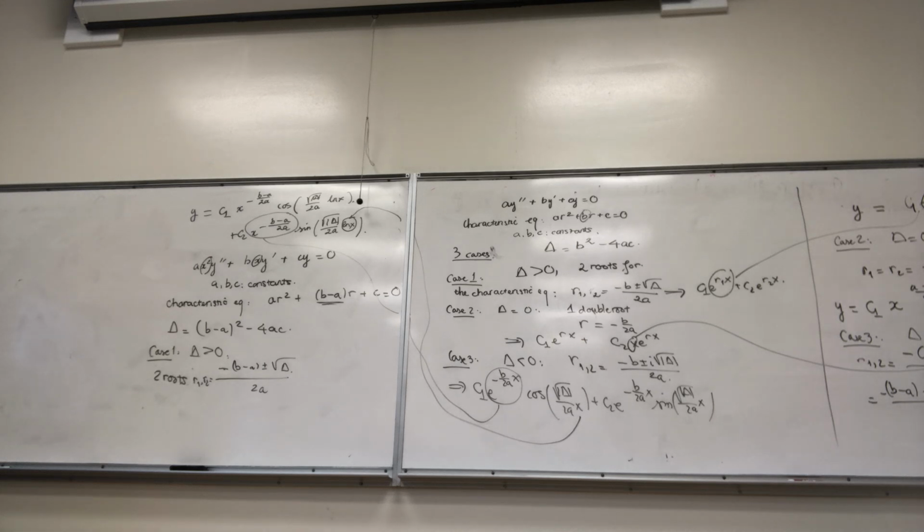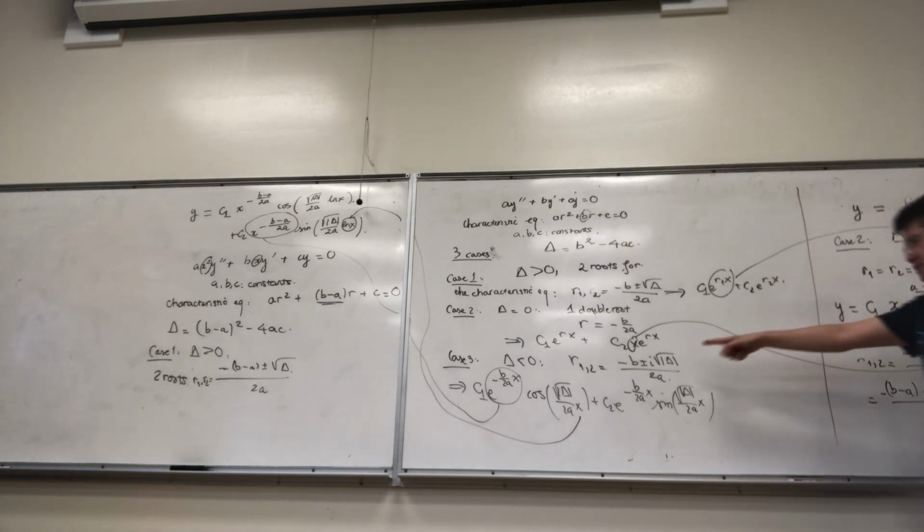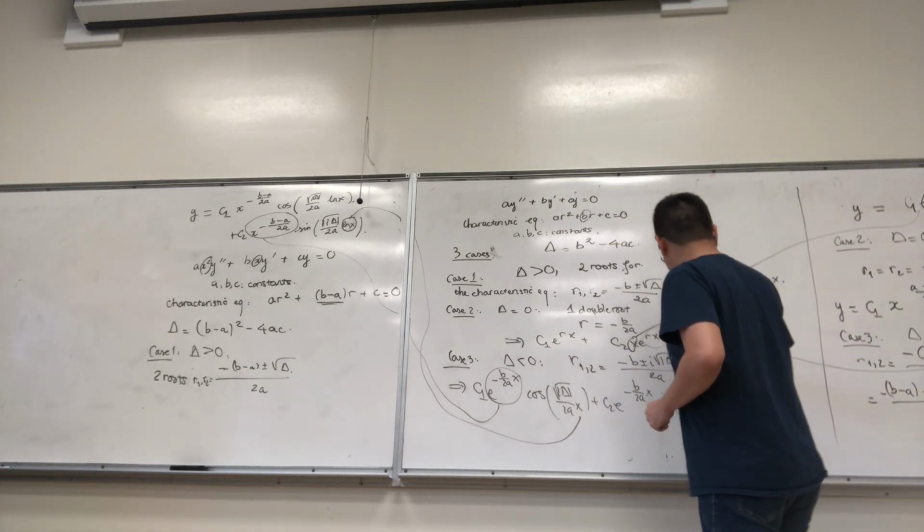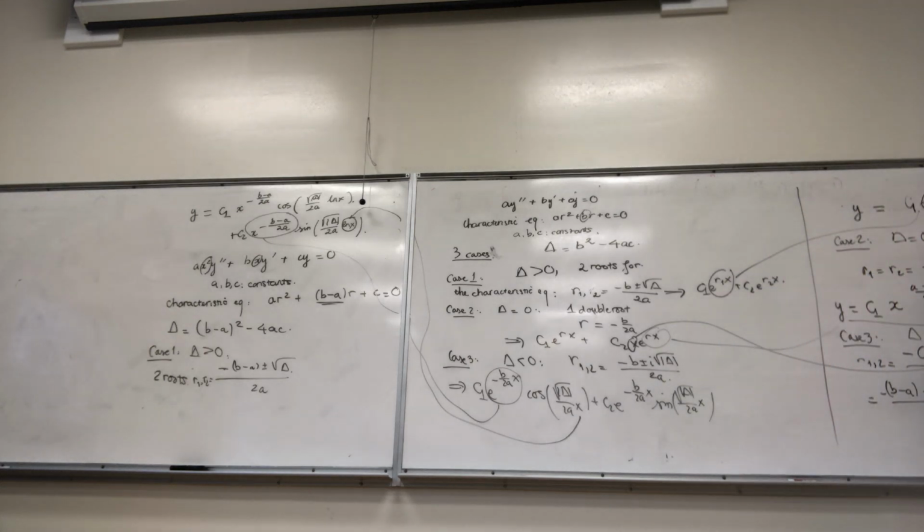In case number 2, if delta is 0, then you have a double root, minus (b minus a) over 2a. So you replace the exponential here by the polynomial, and then you replace x by log x, and that's it. Case number 3, delta is negative.